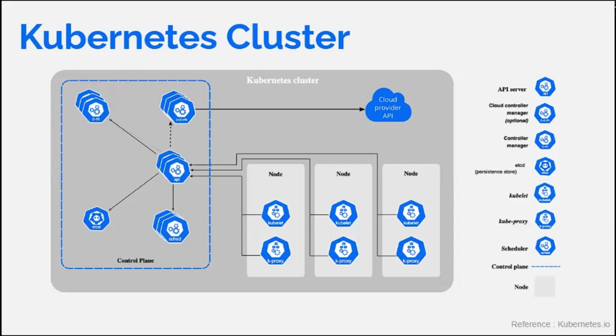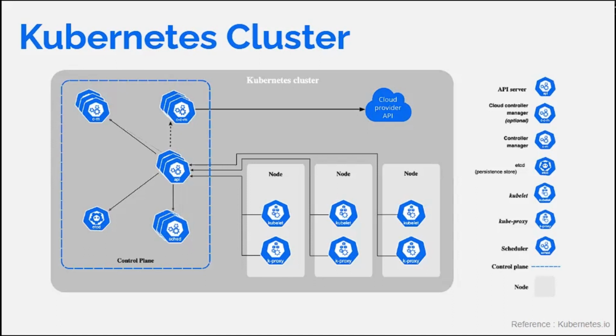Everything will be stored in etcd. And when we give instructions to the Kubernetes API, that will be used. And then we have the scheduler. The scheduler will schedule the jobs that we give it and run them in an orderly manner.